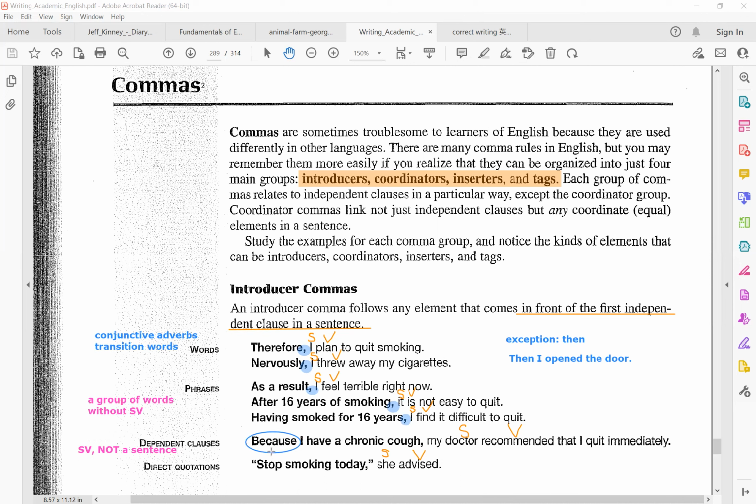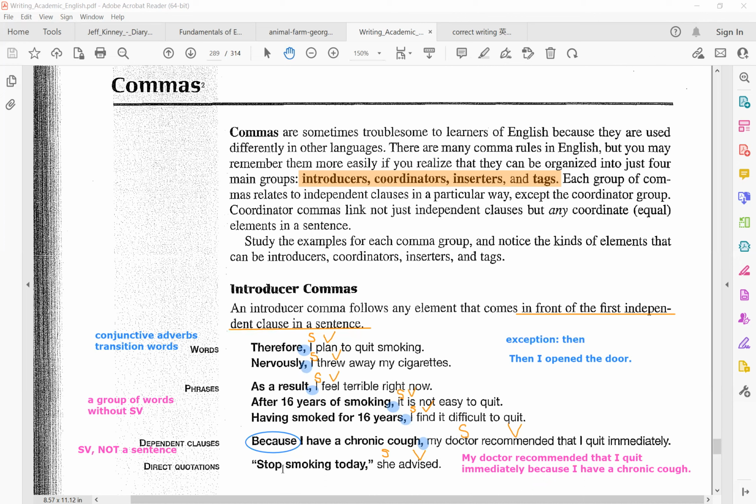So if I decide to reverse the order, my doctor recommended that I quit immediately because I have a chronic cough. By changing the order of my independent and dependent clause, I can now remove the introducer comma because my dependent clause comes after.